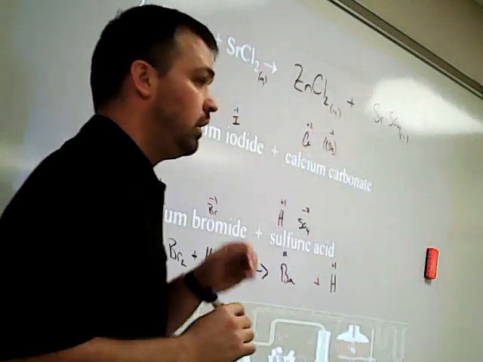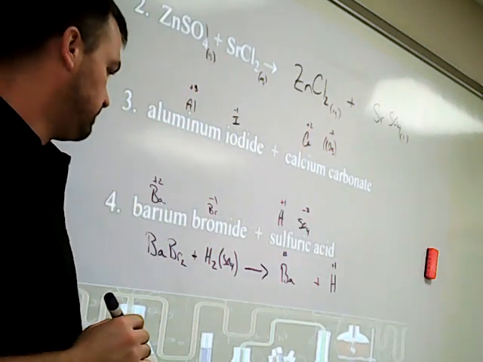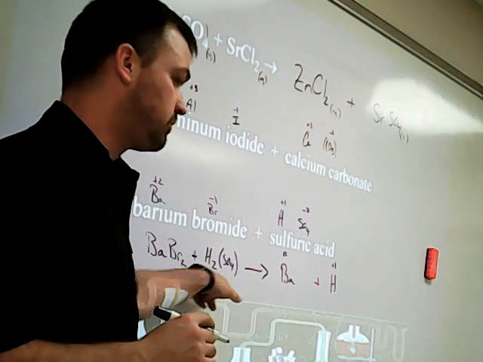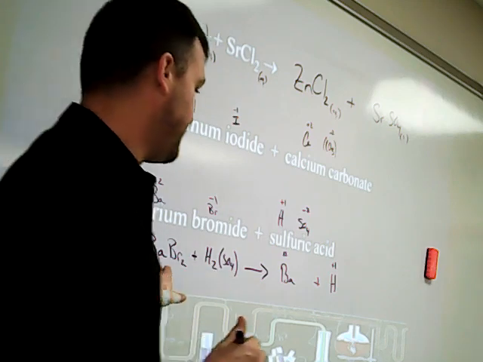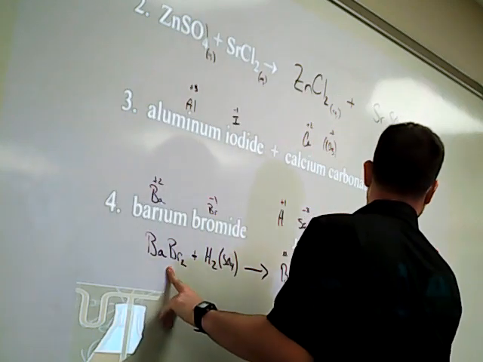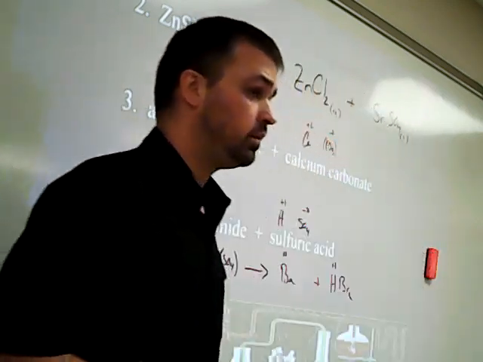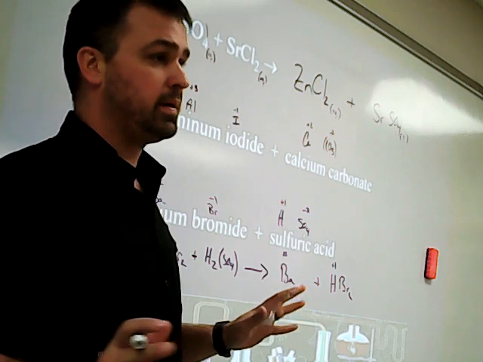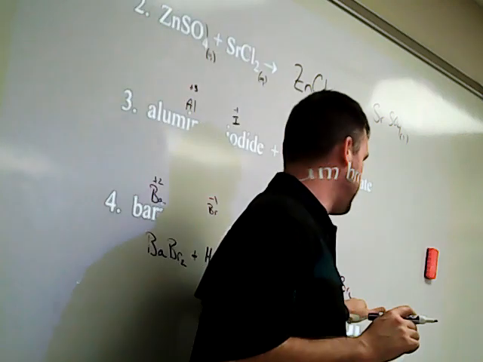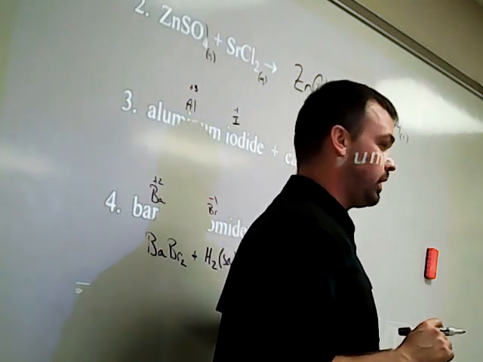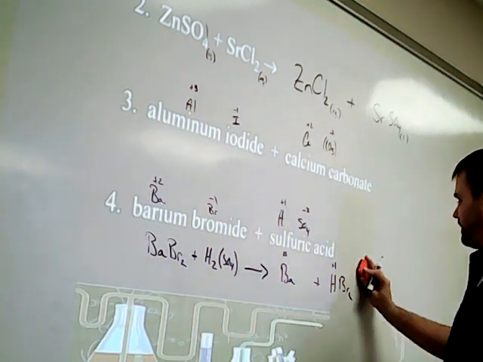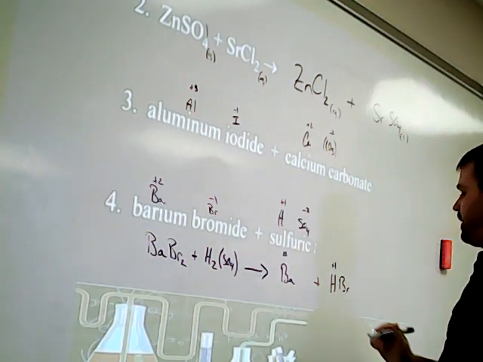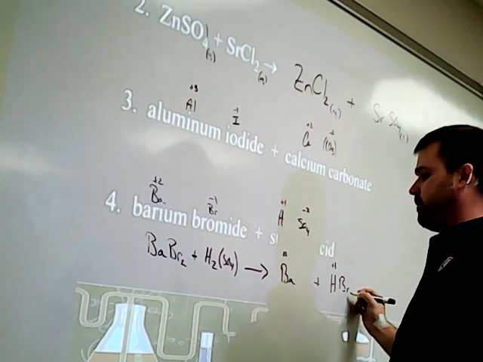That way you know you got to do something with them. Then your anions switch spots. Now watch. Do I go over here and right away put Br2? No. Because I don't know if 2 barium atoms are going to be happy with 1 hydrogen atom. Does that make sense? So I don't put that. I just put barium.